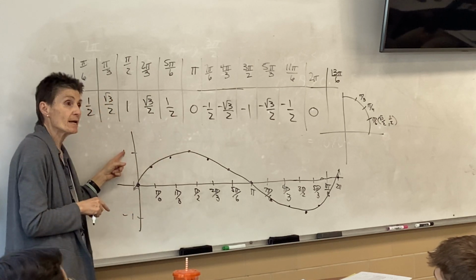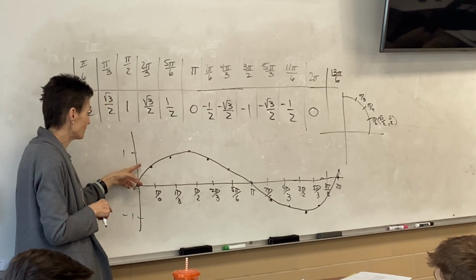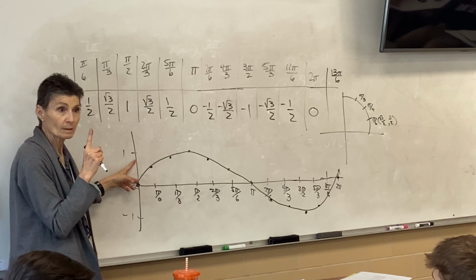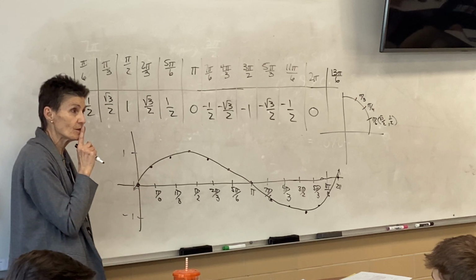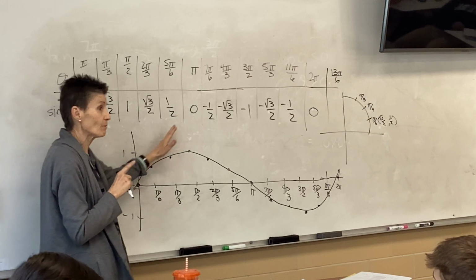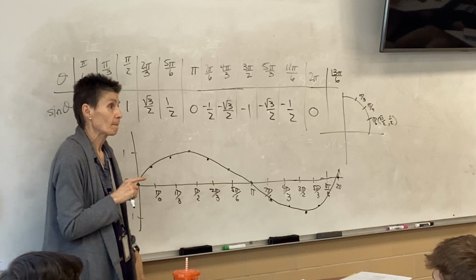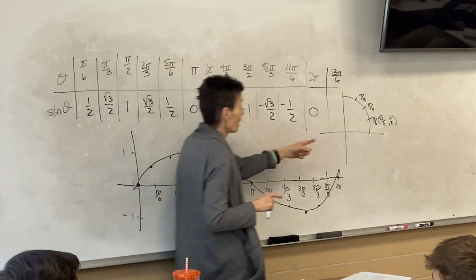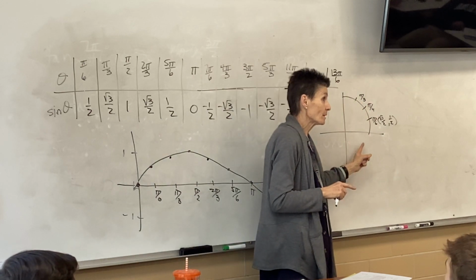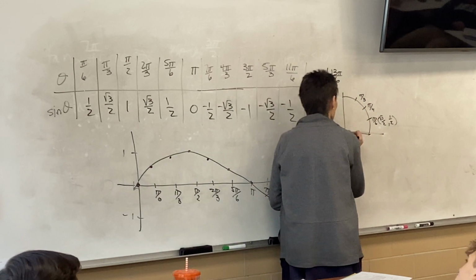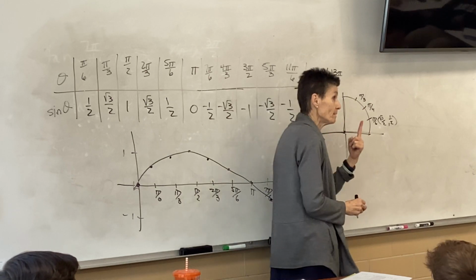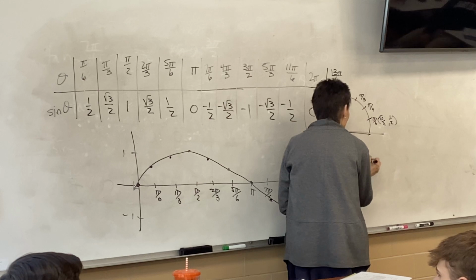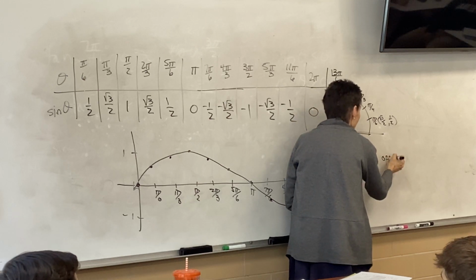Notice that the amplitude, or the height of these hills, is 1. Does that make sense to you? That this curve is never going to go higher than 1? On many levels, it should make sense. First of all, we're coming off the unit circle, and the maximum value on the unit circle is 1. But even going back further than that, sine is opposite over hypotenuse.